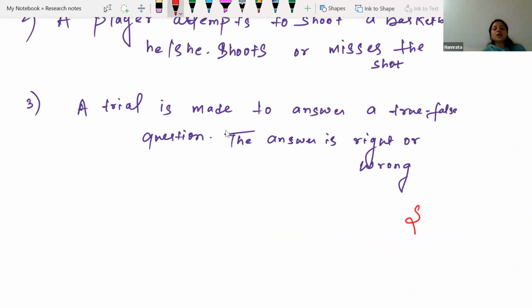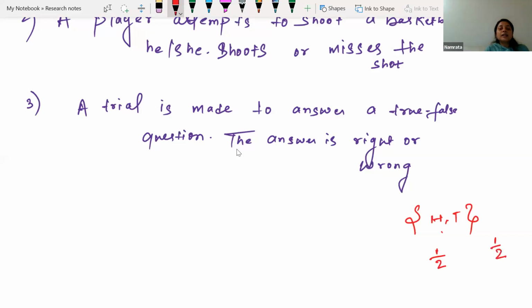So when we toss a coin, the sample space will be head and tail. Either it can be head or it can be tail. So the probability of getting head is 1 by 2, and the probability of getting tail is also 1 by 2.